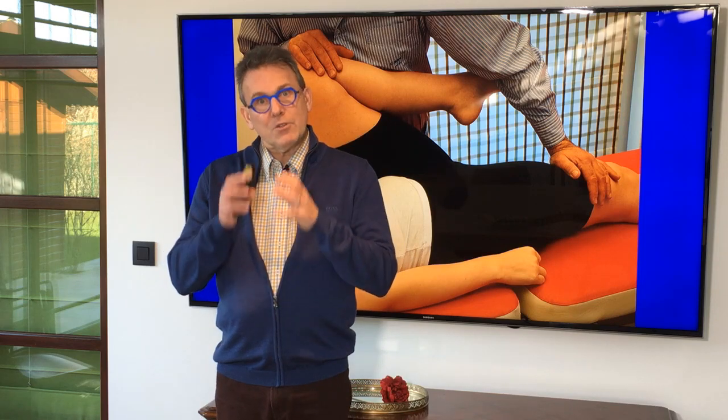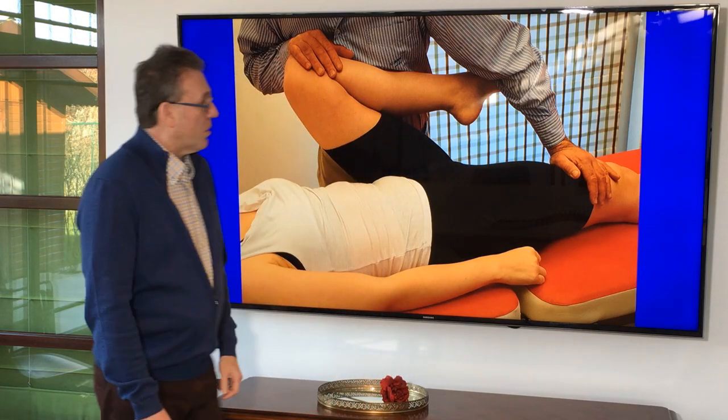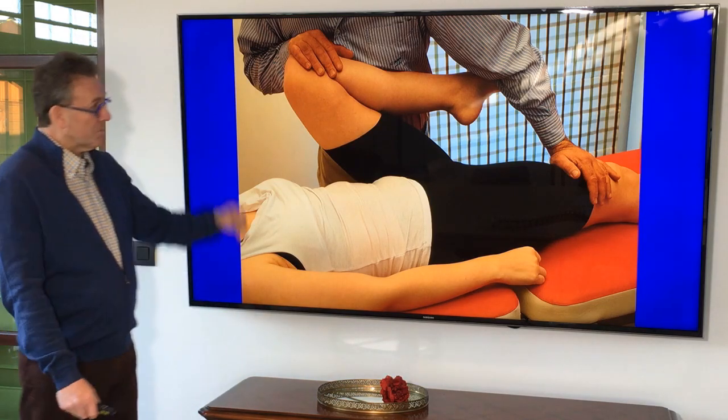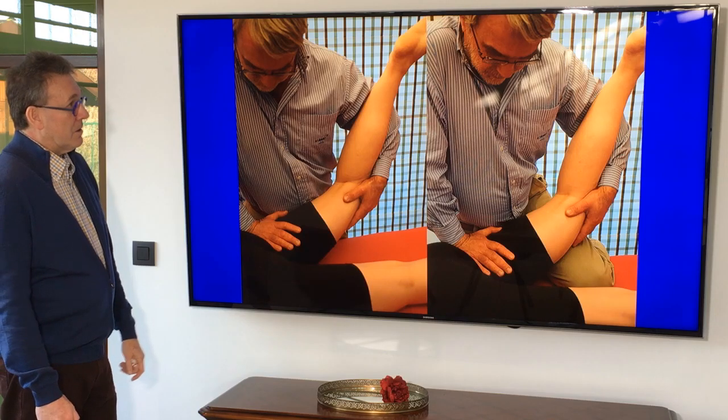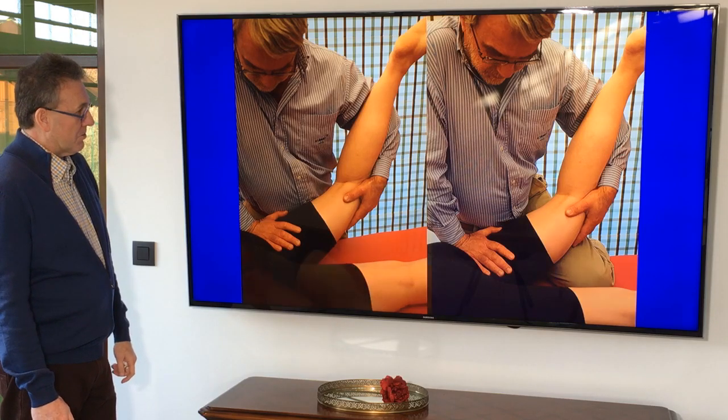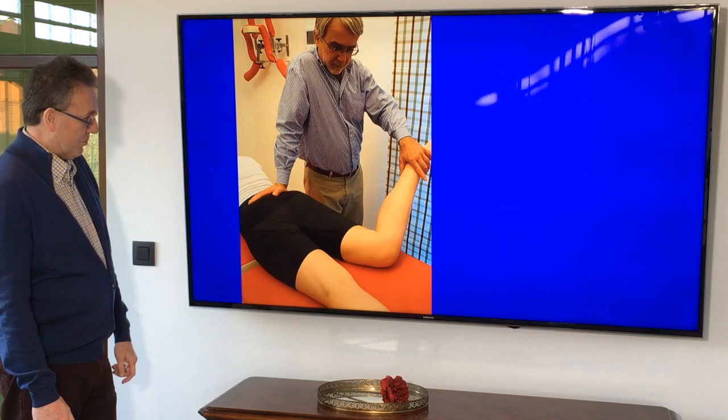If that would be the case, forget it, hip replacement. So if it's not too severe, at the beginning you can try to do some capsular stretch treatment. Capsular stretch in flexion direction, in extension direction, and in medial rotation direction.